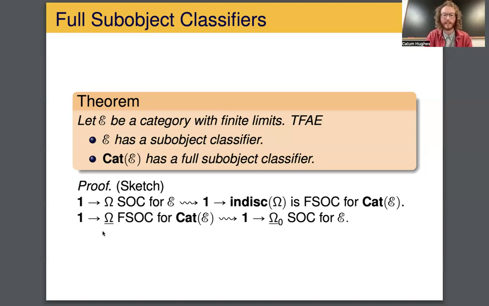And conversely, if we have a full subobject classifier for Cat E, then taking the on-objects functor for this, we get a subobject classifier for E. There was a pullback condition in the definition of subobject classifier and full subobject classifier, and because these functors are right adjoint, this preserves the correct structure. This is the idea of this proof. Okay, fantastic.